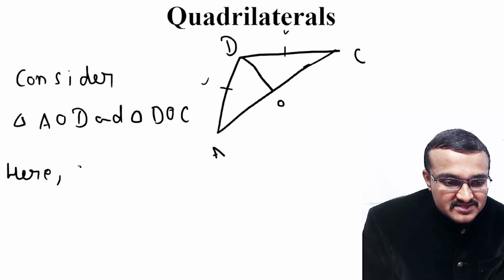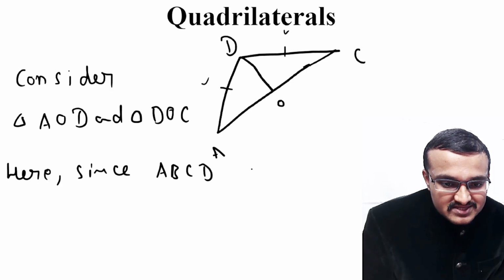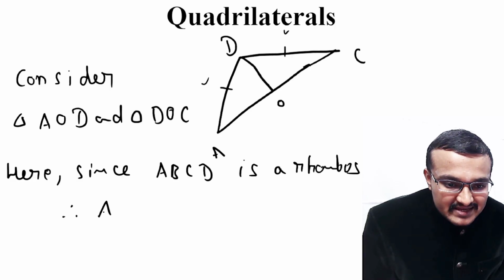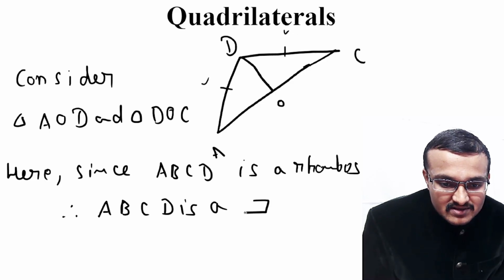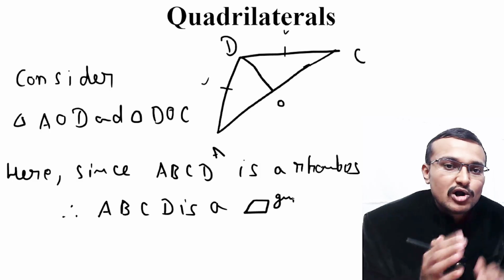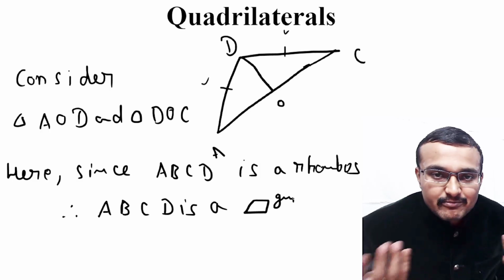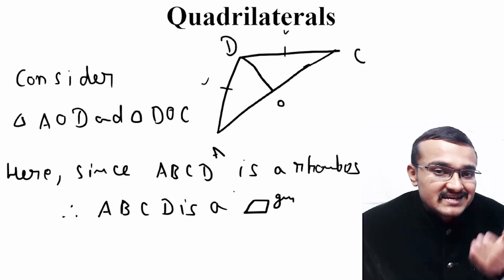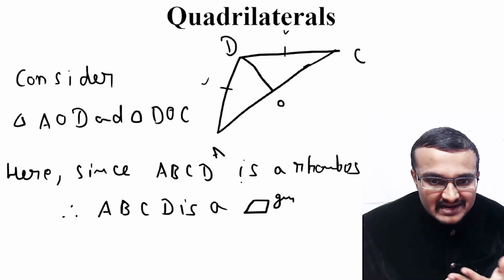Since ABCD is a rhombus, therefore ABCD is a parallelogram, because if you remember 8th standard mathematics, all rhombuses are parallelograms. So if ABCD is a rhombus, then ABCD will also be a parallelogram.